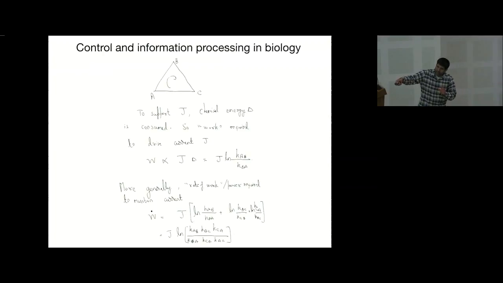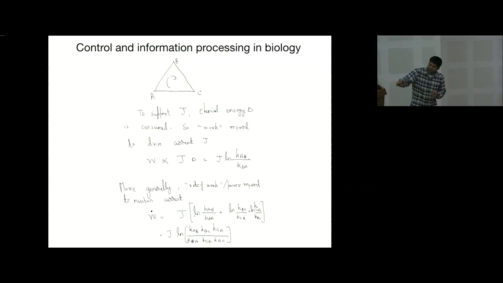I'm just saying, one can take the log of these rates, and I can think of that as an energy flux or an energy source. This is a consistent interpretation for the power that's required to sustain fluxes in a non-equilibrium network. Okay, so that's what I'm trying to say. And if the system is in equilibrium, then K_AB over K_BA is e to the power of delta E_AB, and similarly, all of these are energy differences.